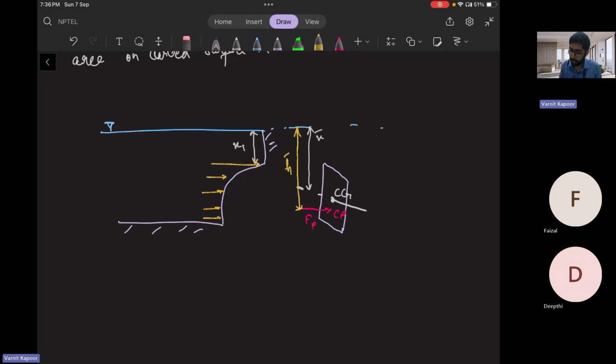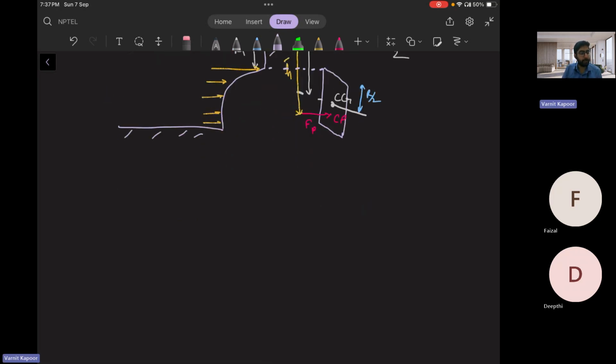Okay, so x bar is how much? x1 plus R by 2. So this much distance is R by 2, and this much is x1. Okay, this was from here till x1, x1 plus R by 2. This is your x1.